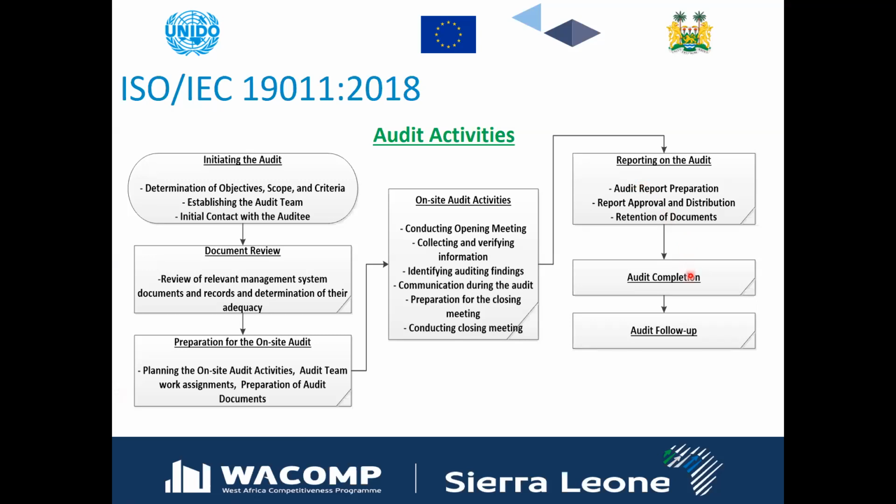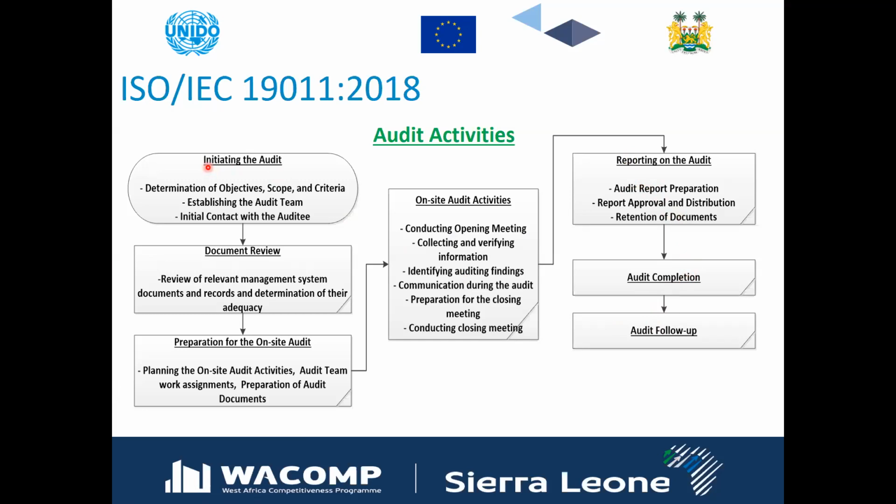Then the non-conformances identified in the audit report, how to follow up on those non-conformances and how to close them. So this is the entire process flow diagram as per 19011, starting from initiating the audit up to the audit follow-up and audit closure.